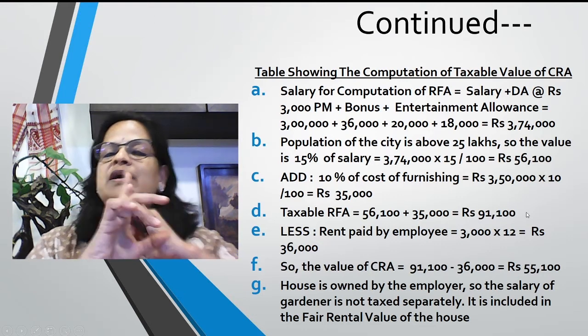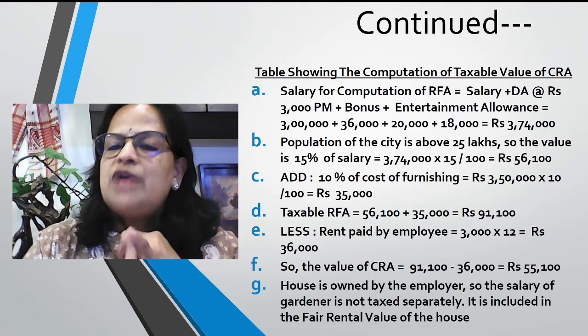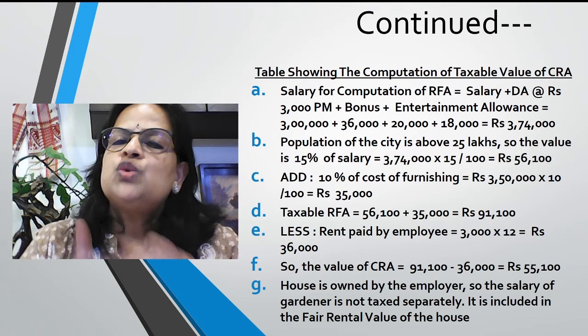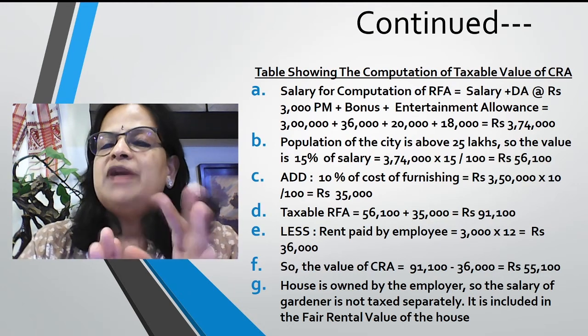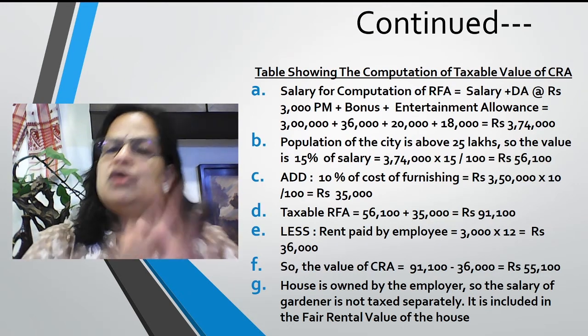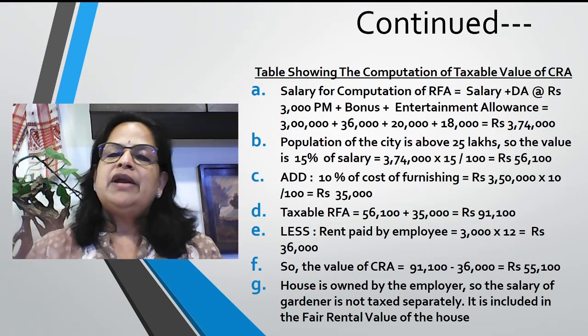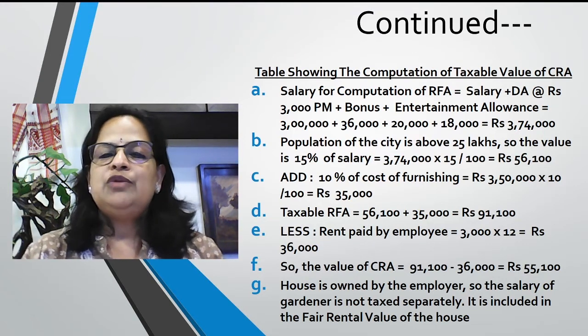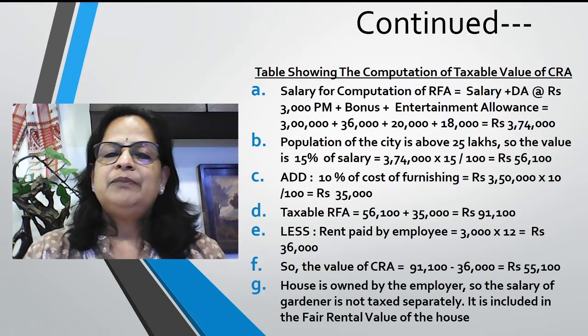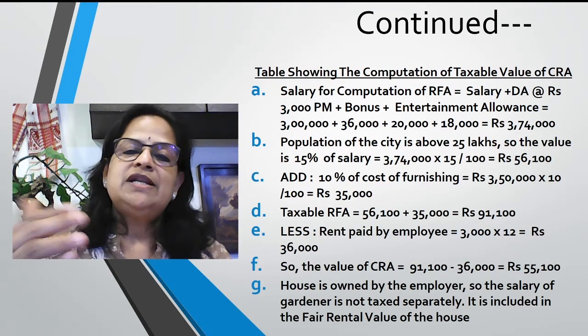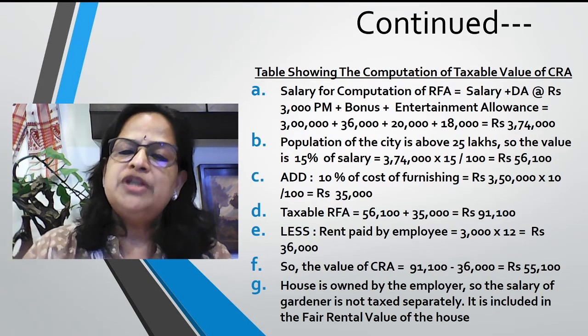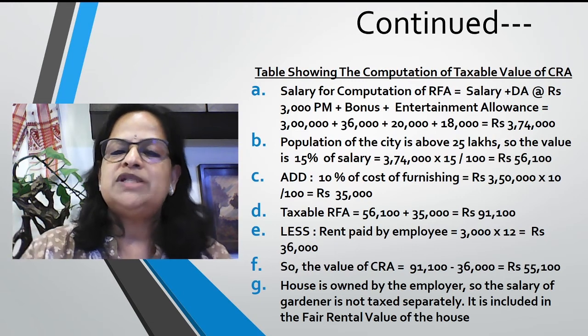That is 91,100. See, salary paid to gardener we don't have to consider. The reason is the house is owned by employer. When the house is owned by employer, all the expenses will be met by employer and it will be included in the fair rental value. We don't have to consider gardener's salary. Now, concessional rental accommodation means the employee is paying 3,000 per month for this accommodation.